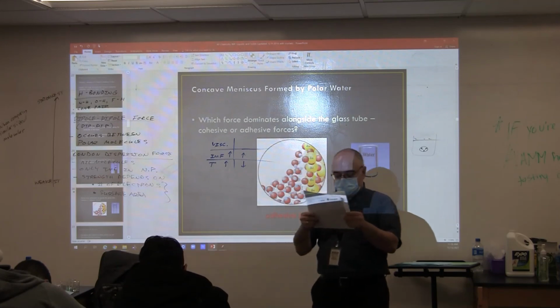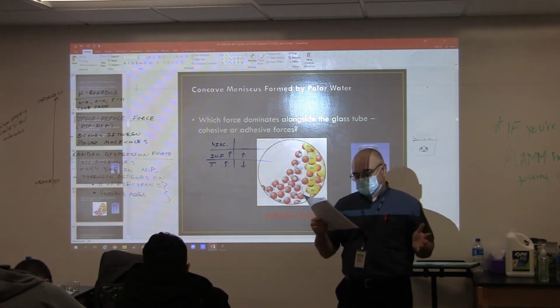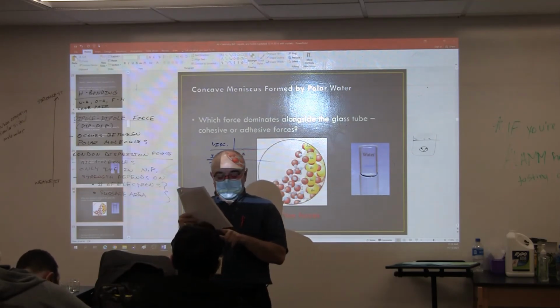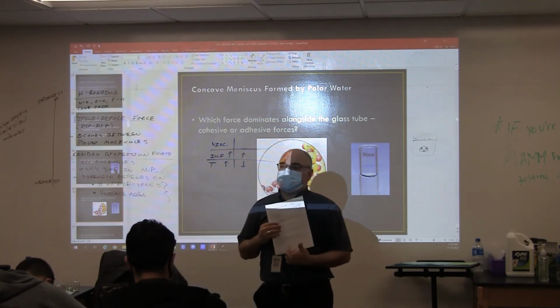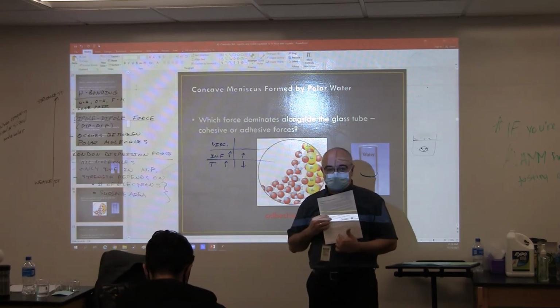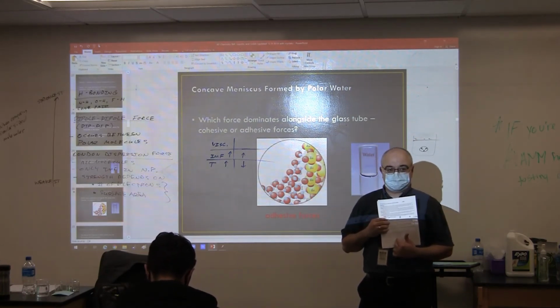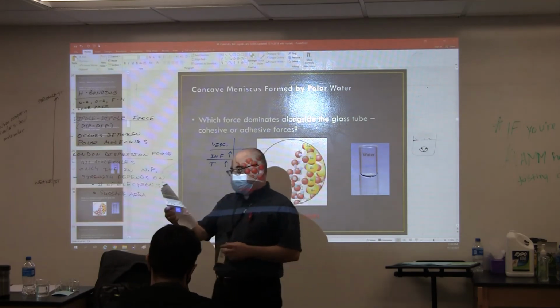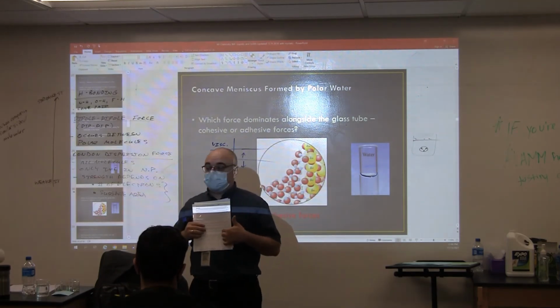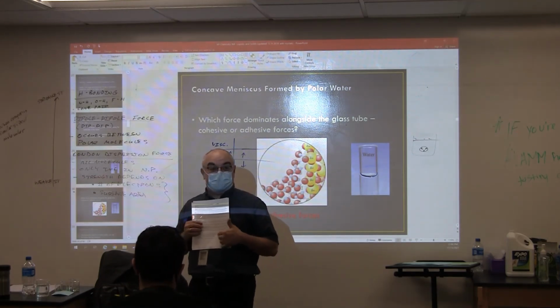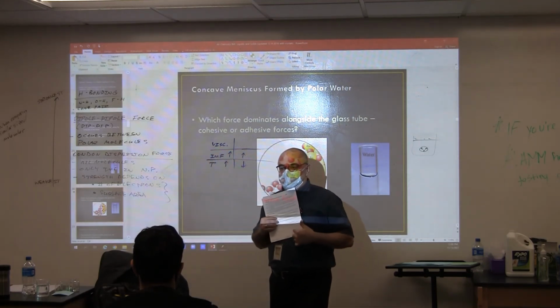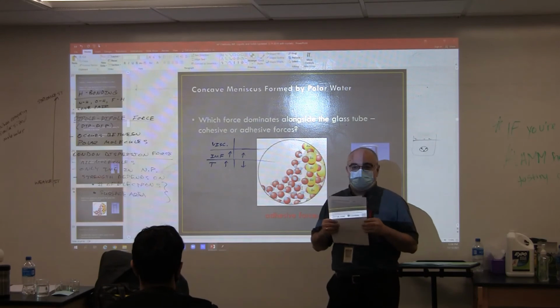Ethyl acetate is mostly hydrocarbon, but it has that polar section with the oxygens in it. So for ethyl acetate, we have dispersion, but also dipole-dipole. And then glycerin, you see all those OH groups? This can not only hydrogen bond, it can hydrogen bond in 3 spots. So this has hydrogen bonding, dispersion, and dipole-dipole.